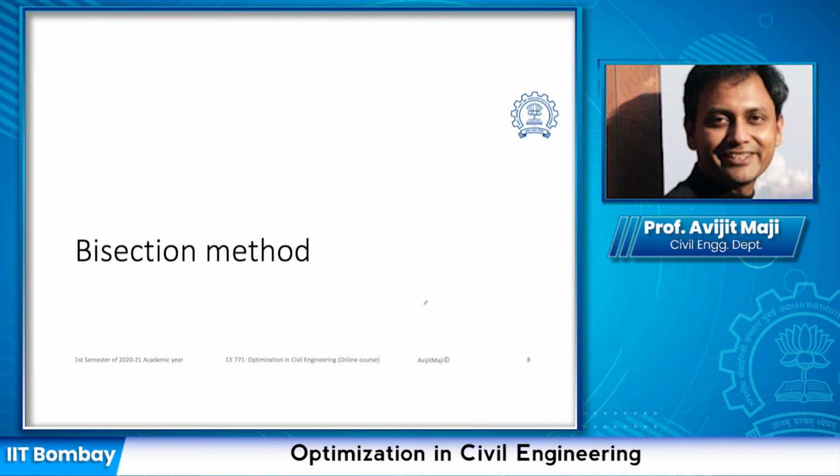One such method is the bisection method. In the bisection method, we are going to evaluate only the first order derivative. If you recall, in the Newton-Raphson method, we had to evaluate the first order derivative as well as the second order derivative.